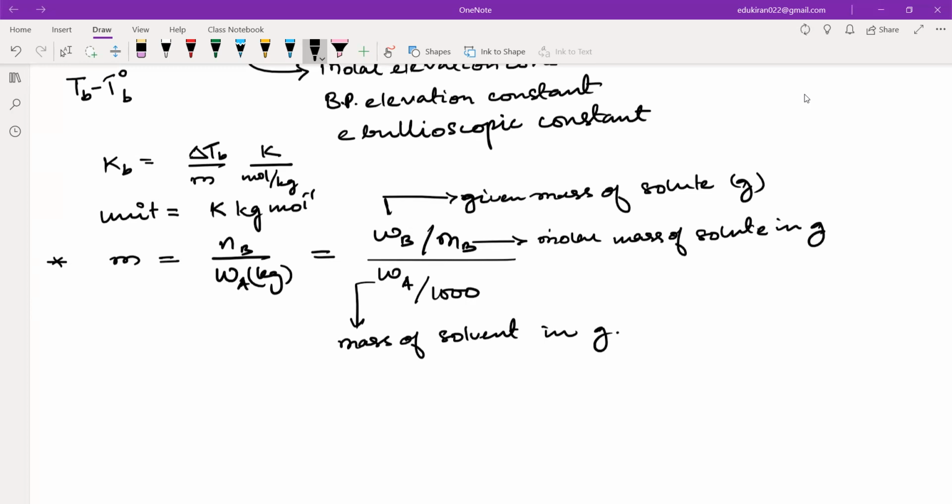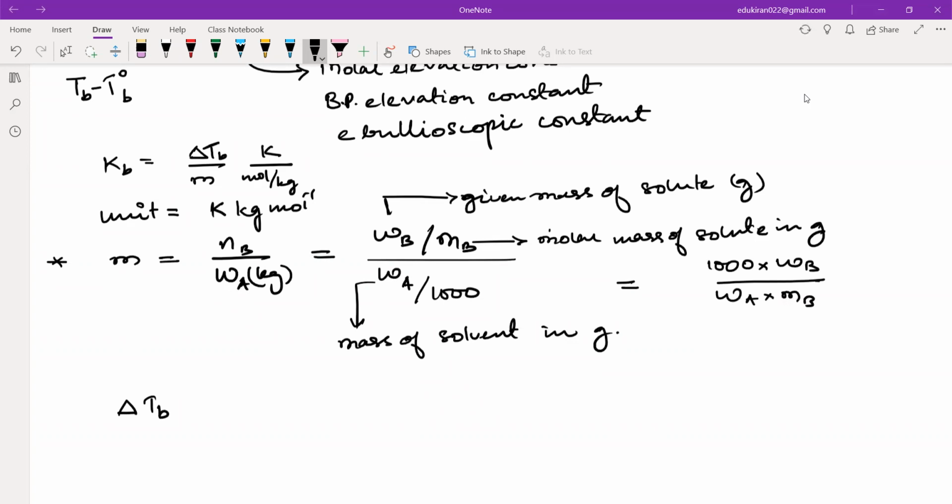We are going to put this M in the formula of delta TB. So we know that delta TB, इसको थोड़ा सही से लिख देते हैं आप। This 1000 will go above, right? This 1000 will go above, and this MB will come down. This will be equal to 1000 into WB upon WA into MB.